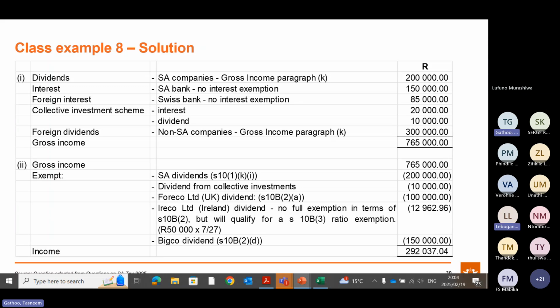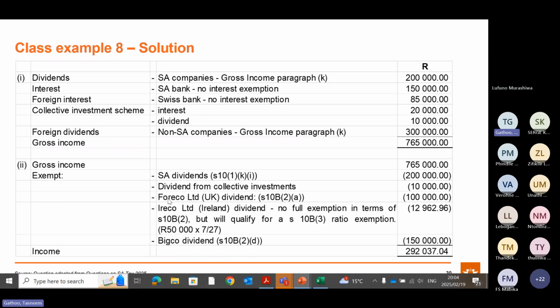If, however, the foreign dividend doesn't qualify for exemption in terms of Section 10 Cap B2, then we go to Section 10 Cap B3, which is a partial exemption. So it only allows us to partially exempt a portion of those foreign dividends.